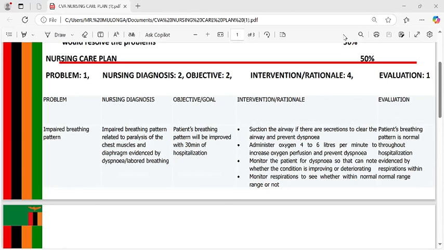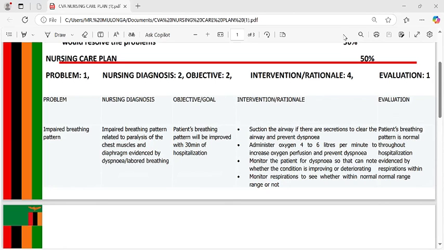What we mean here is that this impaired breathing pattern is a result of the paralysis of the chest muscles and diaphragm, and this can be seen or proven by this patient having difficulties to breathe.